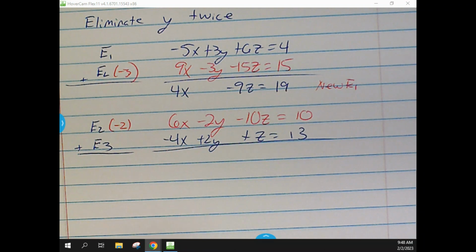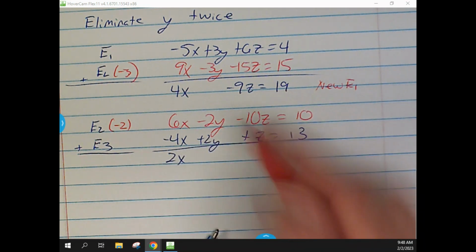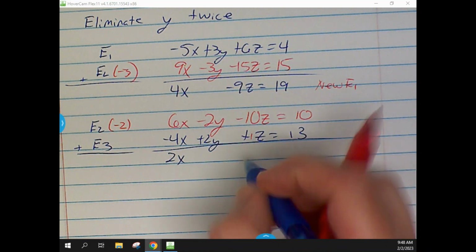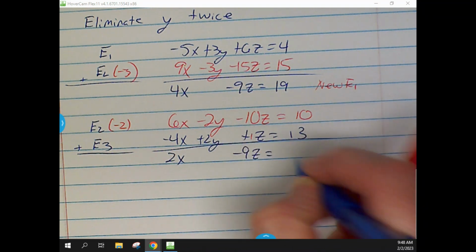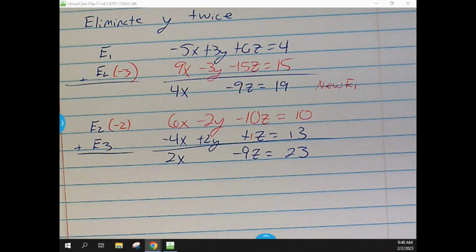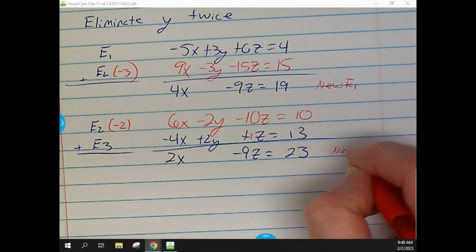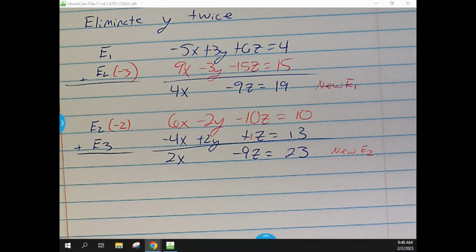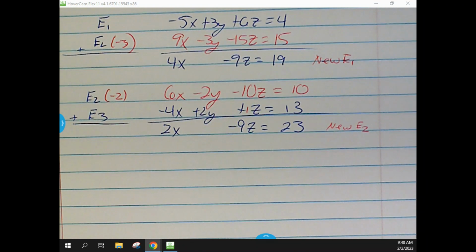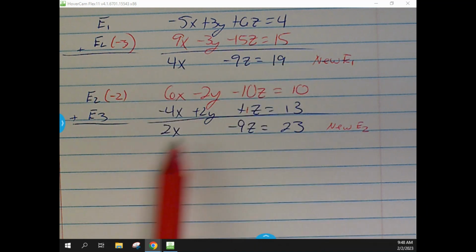And let's see what we've got. So now we've got 2x. Again, don't forget there's a 1 there. Minus 9z equals 23. All right, now everything after that should be pretty standard, because now we've got this equation and this equation.